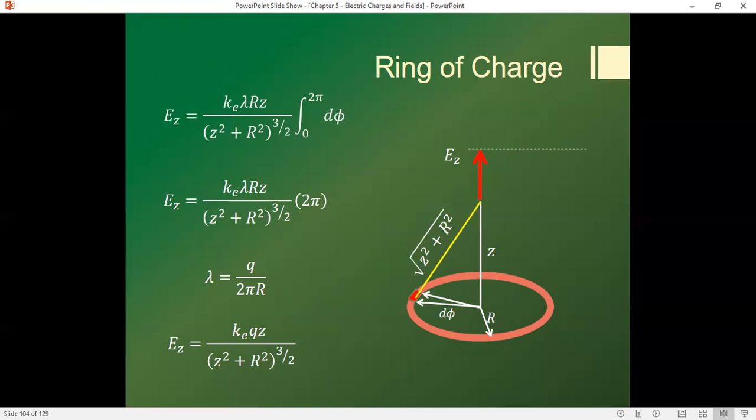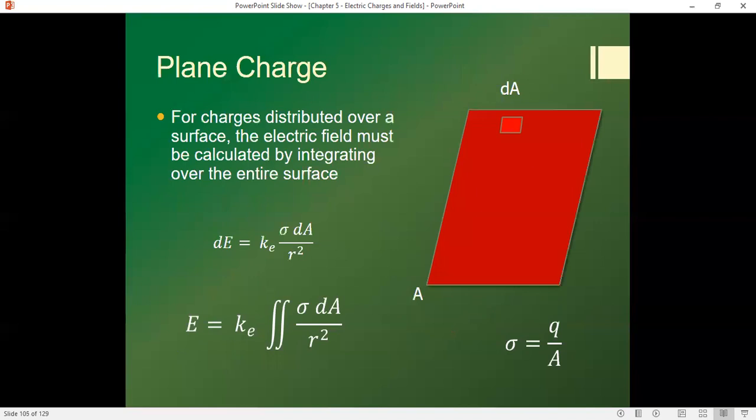Okay, let's kick it up another notch. That integral was easy, but many of the integrals that we come across are not easy. And that's why the next chapter is so important for what we're going to do. Again, we want to calculate the electric field at some point. How do we do that?